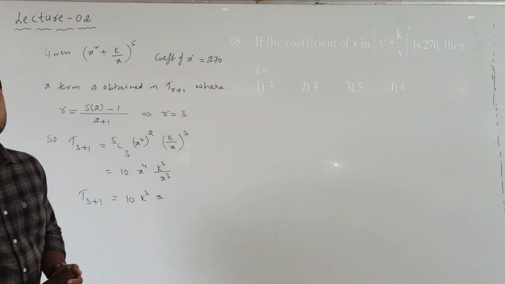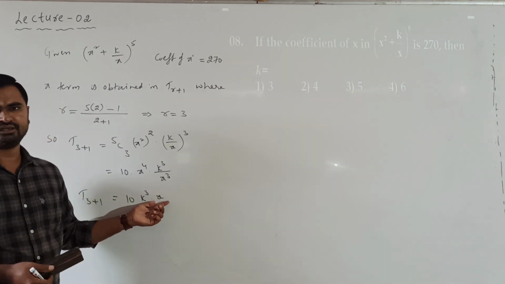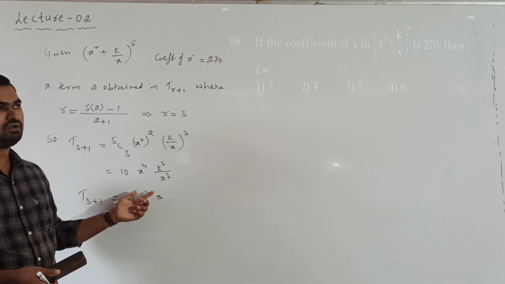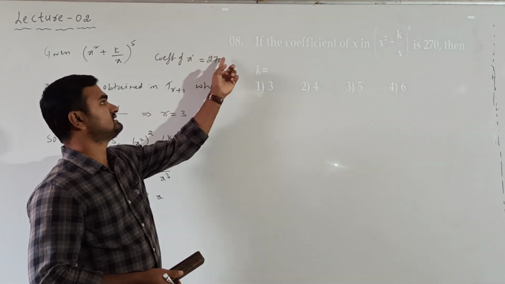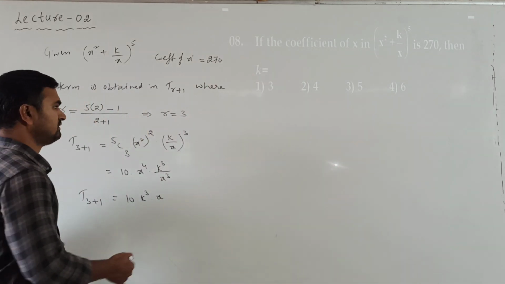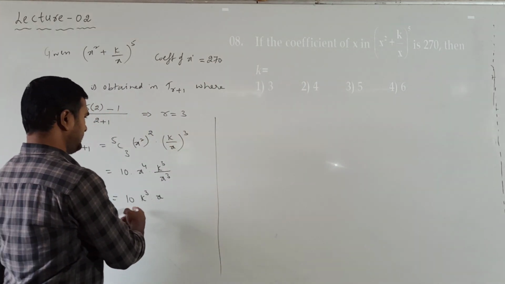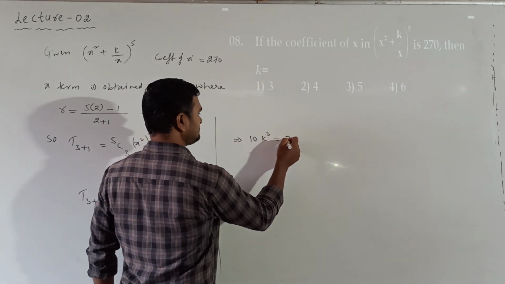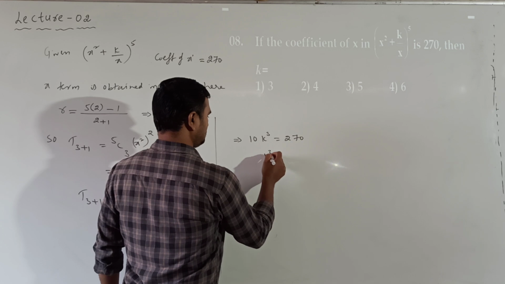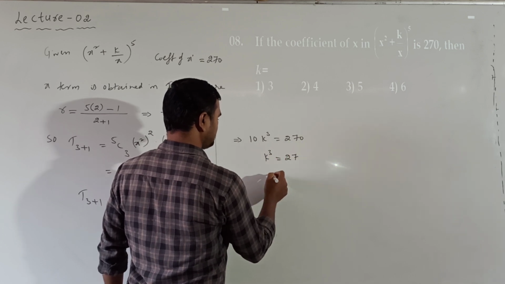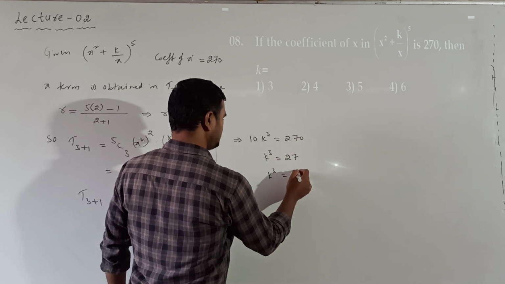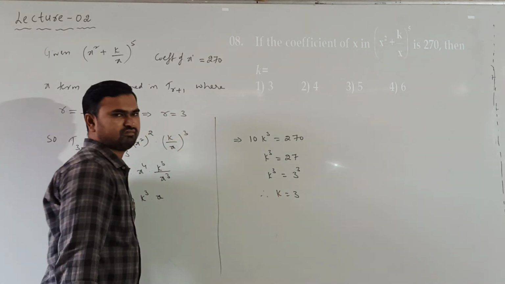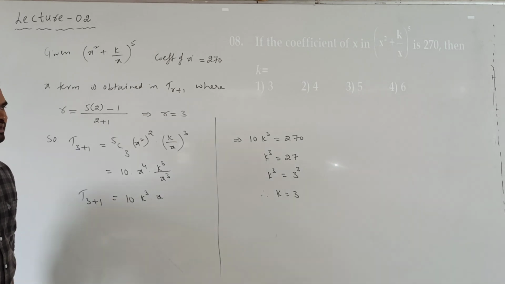So this is the term where we get x. So what is the coefficient of x here? 10 k cube. But given that the coefficient of x is 270, so 10 k cube is 270. So k cube is 27. 27 we can write as 3 cube. So the required k value will be 3. Okay.